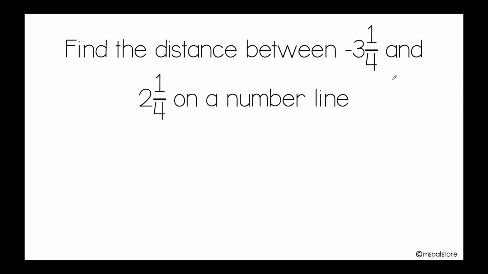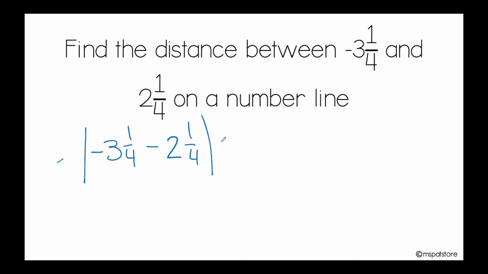Pause the video and try to do this one by yourself. As you can see, you're going to find the distance between negative 3 and 1/4 and positive 2 and 1/4. Remember that you need to find the absolute value of the difference of these two numbers. So it will be absolute value of negative 3 and 1/4 minus positive 2 and 1/4.